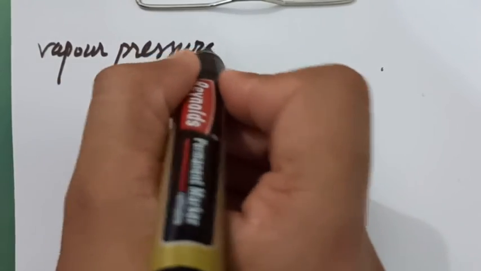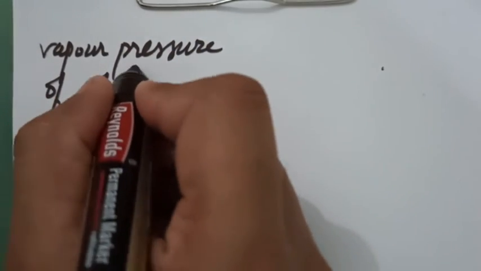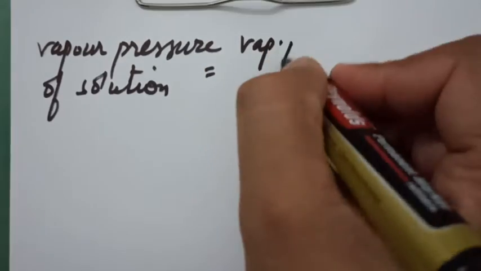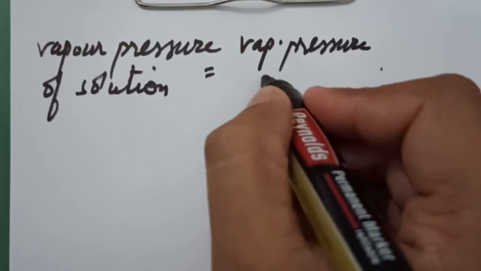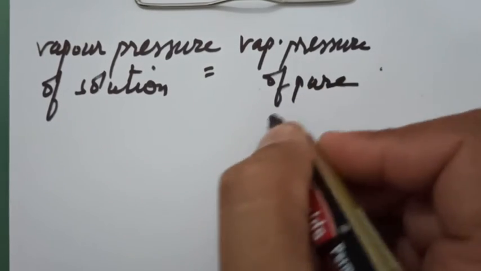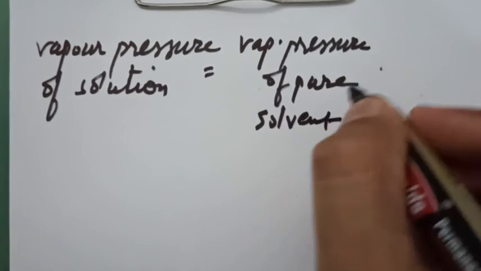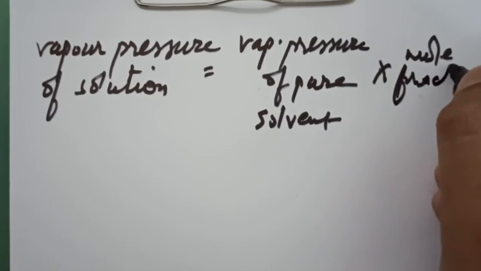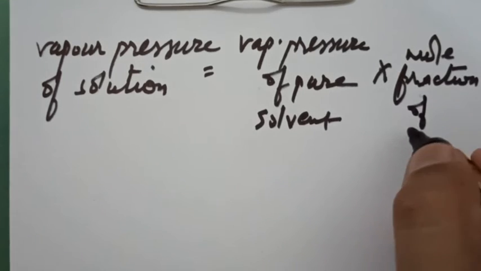Clear, okay, so Raoult's law can also be defined as: the vapor pressure of solution is equal to the product of the vapor pressure of pure solvent and the mole fraction of solvent.